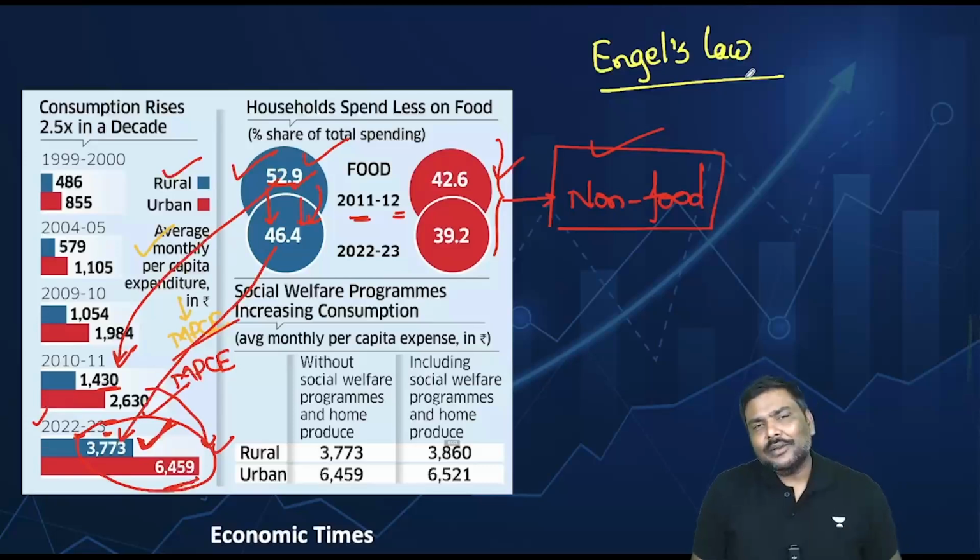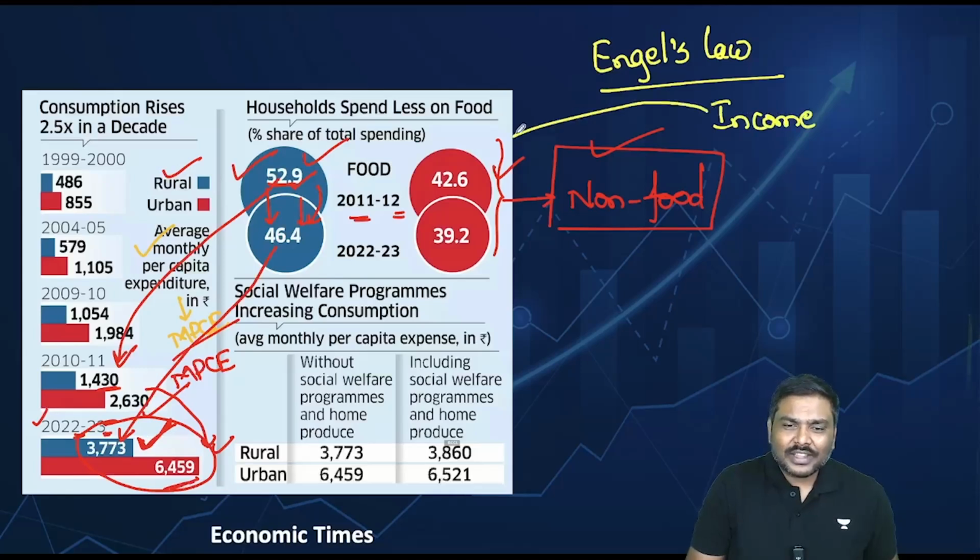It states that whenever a person's income increases, please remember this, in the context of the survey this becomes very important now. As the person's income keeps on increasing, the person's absolute expenditure, what do you mean by absolute expenditure?